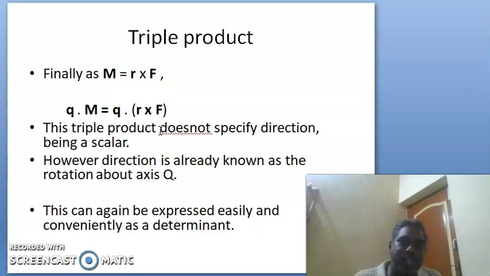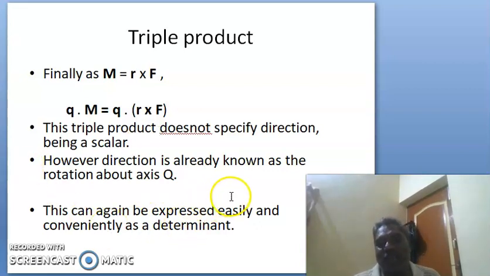But we know the direction. How? We are only obtaining the component along the q axis. Already the direction is known, it is the q axis. How much rotation we are getting, that is only what we are finding out, which means it is going to rotate in a plane perpendicular to the q axis, where you will have the rotary action.